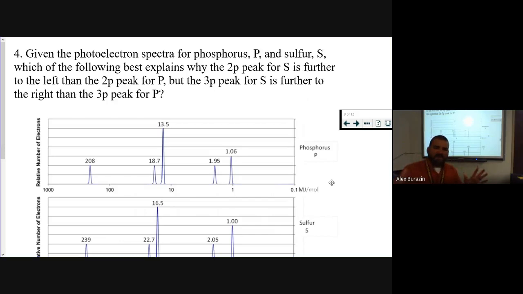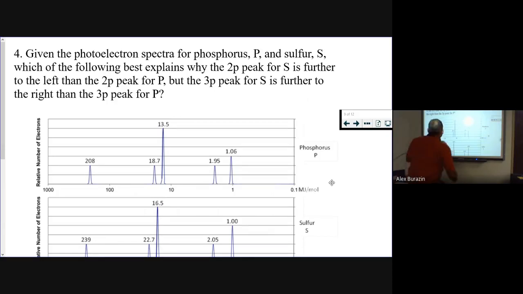Okay, first things first. That's a very long question, right? Let's make sure we identify what they're talking about first. They're asking about the 2p and the 3p orbital peaks of these two graphs. So let's identify those first.